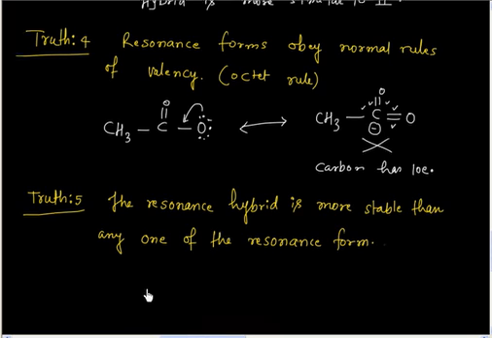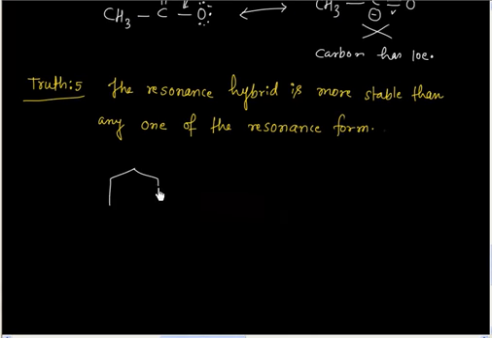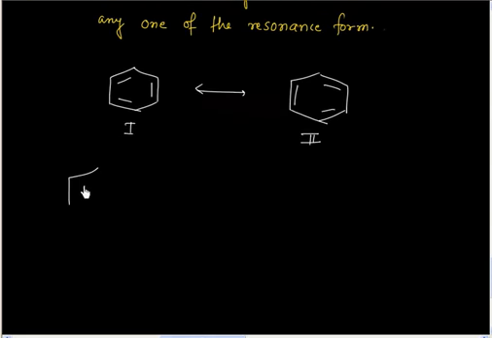For example, this is one resonating structure of benzene. This is another resonating structure of benzene. The actual hybrid we have is this. So this is the actual molecule. So the actual molecule is more stable than 1 and it is also more stable than 2.